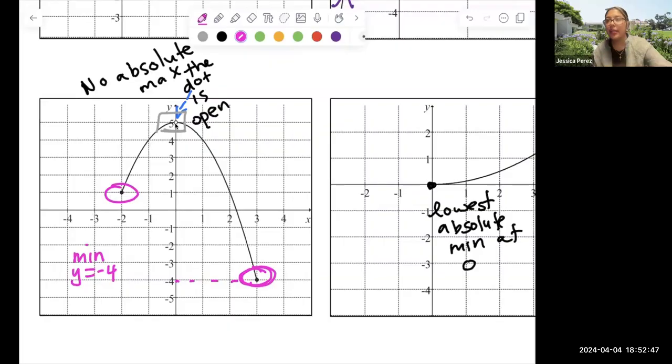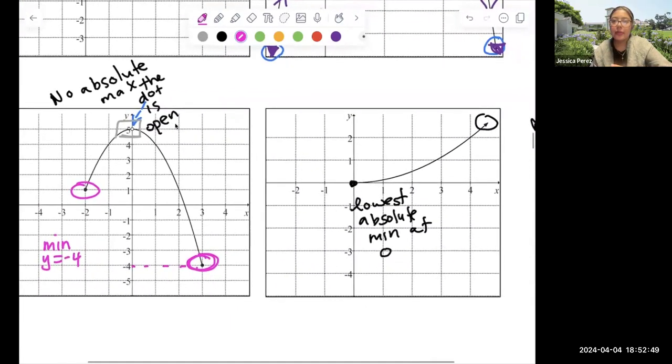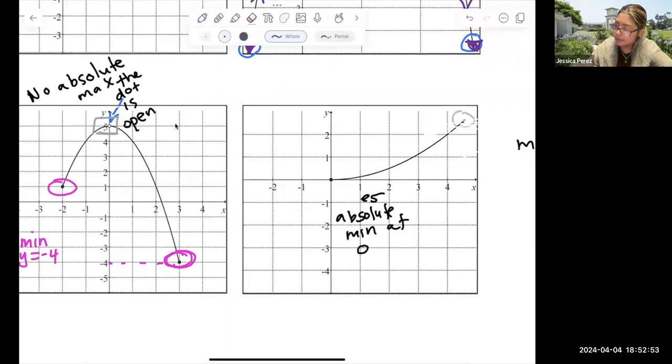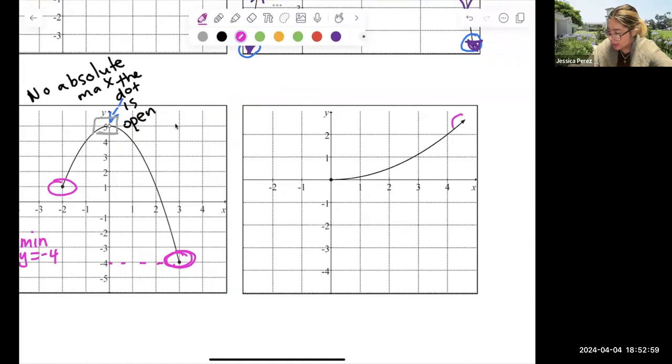Make sure you're writing that down in your notes. So again, if we want an absolute maximum and absolute minimum, just by looking at this arrow, there is no absolute max, because it goes to infinity. What about the minimum?